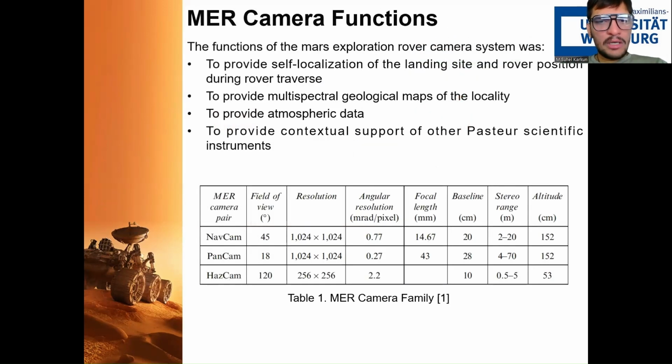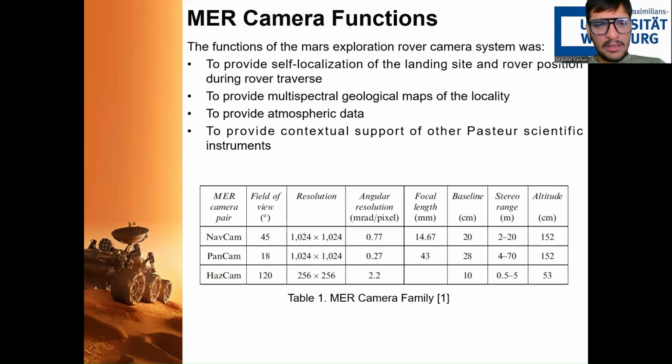Mars Exploration Rover camera functions. The functions of Mars Exploration Rover camera systems are to provide self-localization of the landing site and rover position during the rover traverse, to provide multispectral geological maps of the locality, to provide atmospheric data, and to provide contextual support of other scientific instruments, like other sensors, antennas, and all the other scientific instruments which have been attached on the rover.